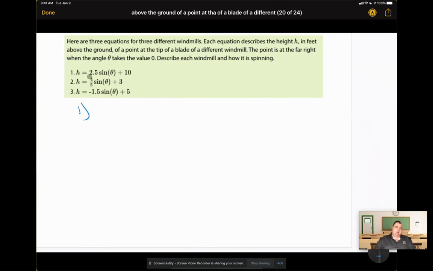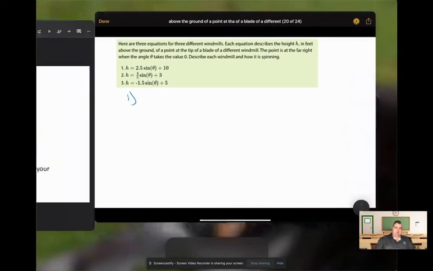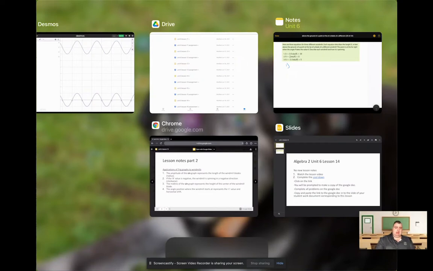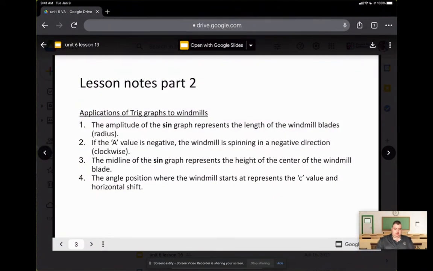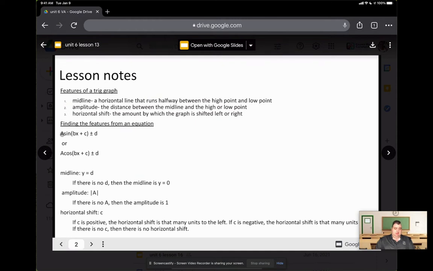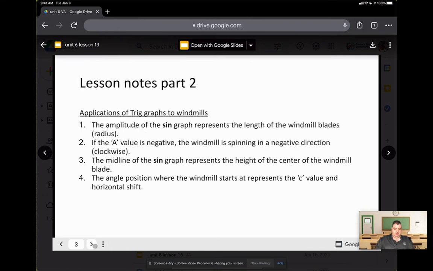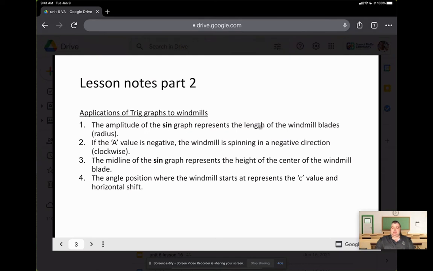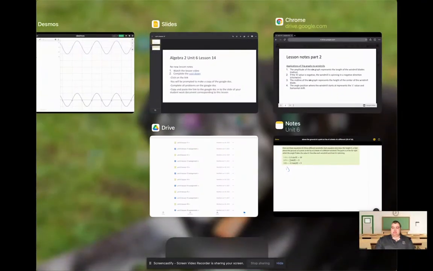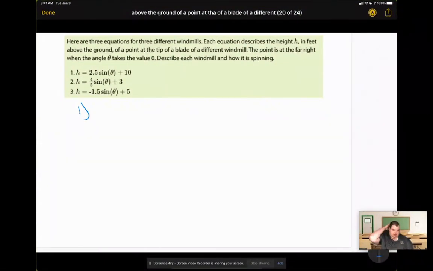So number 1, the A value in front of the sine is 2.5. If we go back and look at the previous lesson notes, the A value is 2.5. So that tells me that the amplitude is 2.5, which represents the length of the windmill blade, or the radius.